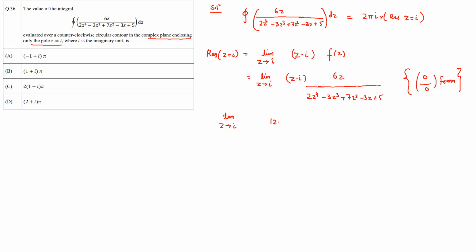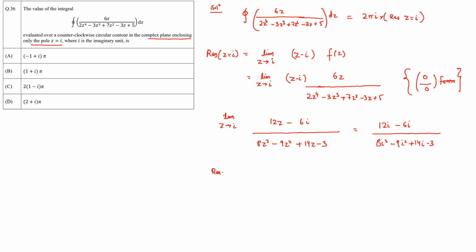which will be equal to 12z minus 6i over 8z cube minus 9z square plus 14z minus 3. Now we can substitute z equal to i, and this becomes 12i minus 6i over 8i cube minus 9i square plus 14i minus 3.